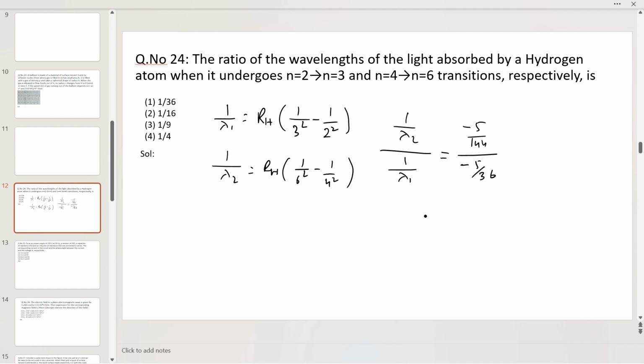So lambda 1 by lambda 2 is equal to 36 by 144, and this comes out to be 1 by 4. So your ratio is 1 by 4. Now I am going to the next question.